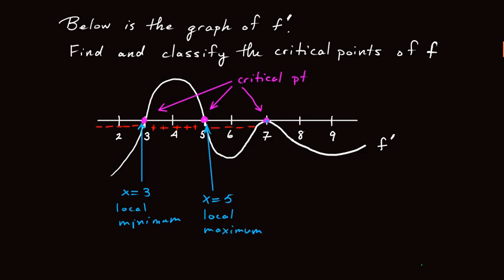The last critical point here is at 7. Before 7, f prime is negative because the graph of f prime is below the x-axis. After 7, the graph of f prime still stays below the x-axis, so it's still negative. Notice it never crosses above, so it's negative before and after.